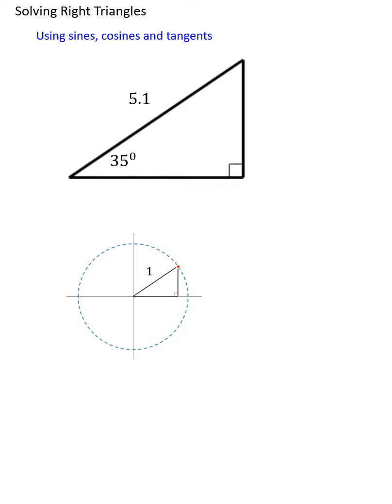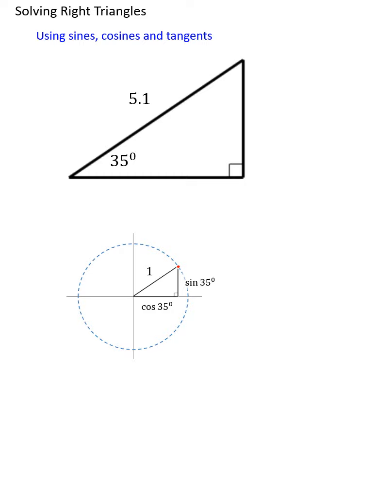Now, why was this a clever idea, to compare our triangle to a smaller version of itself crammed inside the unit circle? Well, the reason this would have been such a great idea is because they had already built up this whole mechanism of sines and cosines.